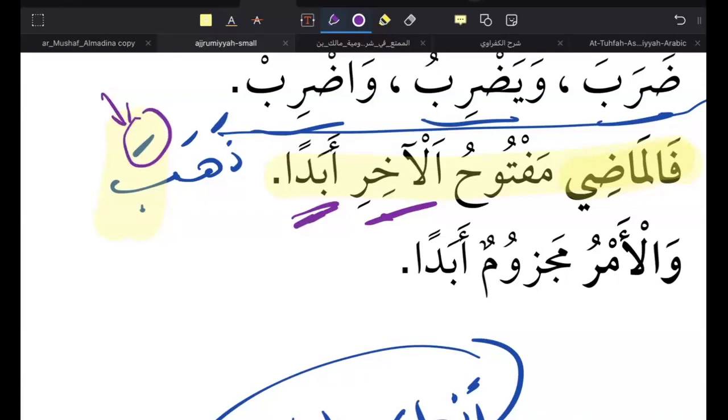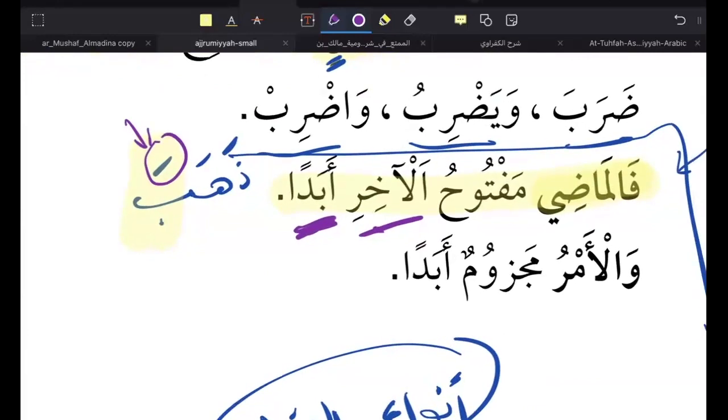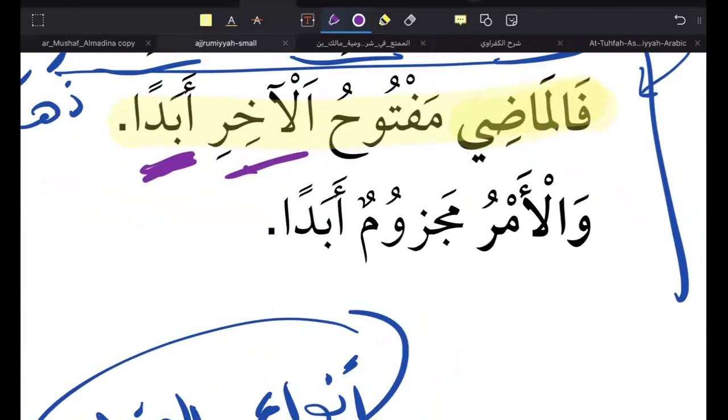So basically he wants to say that madi is mabni, and it's mabni ala fatha. It is mabni on the fatha. And he used the word abadan, meaning always. Now there is a lot of tafsil here, I don't know how much I want to discuss why he said this, what it means. Let me just read the amr also, then I'll maybe talk about how to understand this.